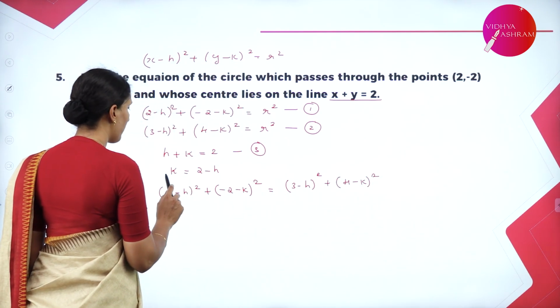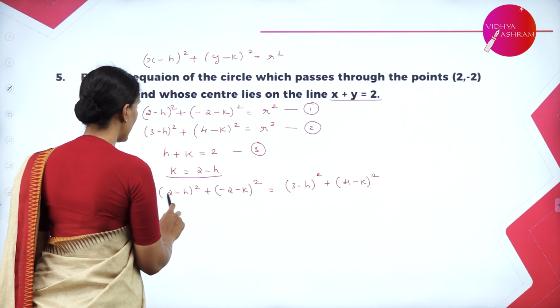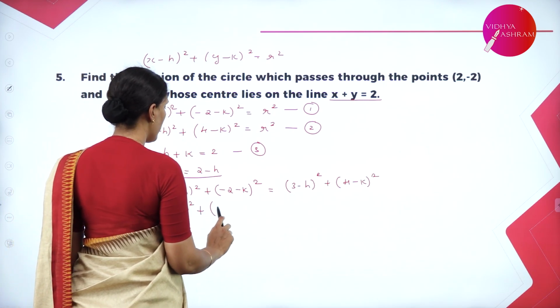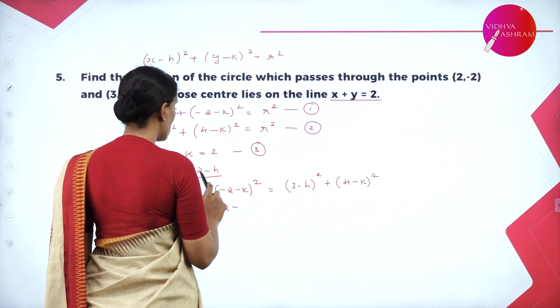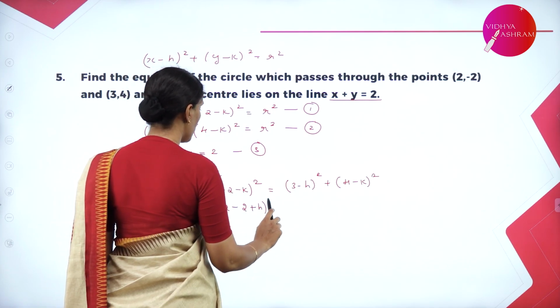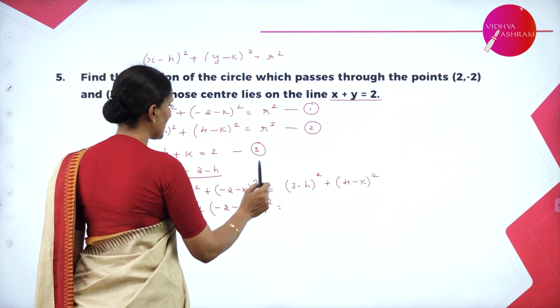Now in the place of k, we can use 2 minus h. So here (2 minus h) can be written as it is, squared. Next we have minus 2 minus (2 minus h), which becomes (minus 2 plus h)... because k is 2 minus h, so minus 2 plus h.